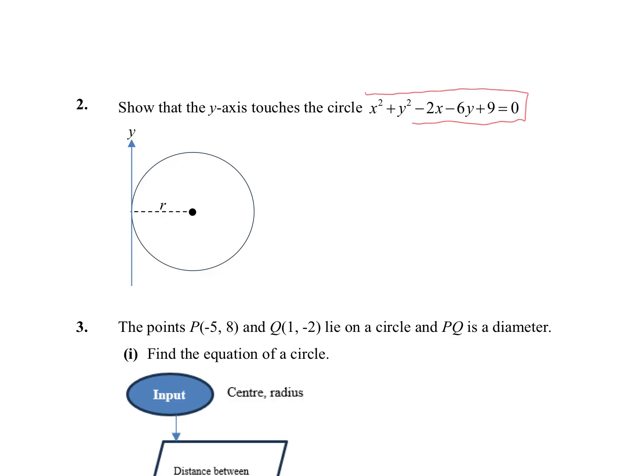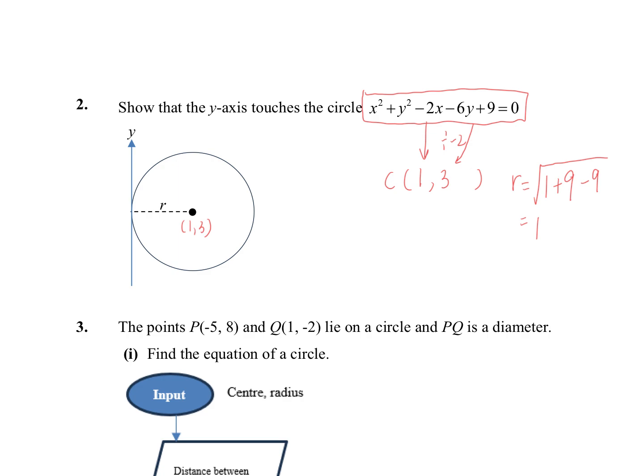So first thing first, what can I get from this equation? The center. Okay, so what is the center? 1 and 3, because I divide by negative 2 for both. Okay, what is the radius? 1 plus 9 minus 9. We just find the radius, and then if the radius is the same distance from the y-axis, it touches; otherwise it does not touch the y-axis. So here is my center (1, 3).